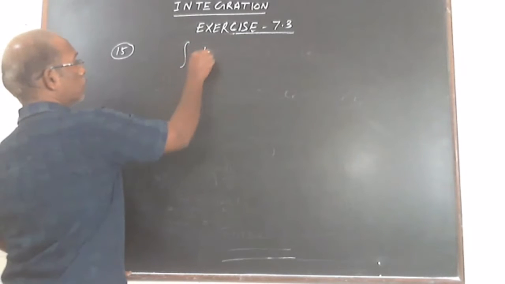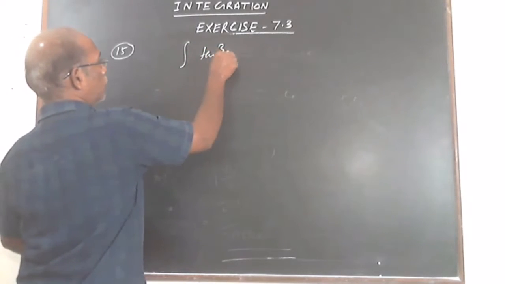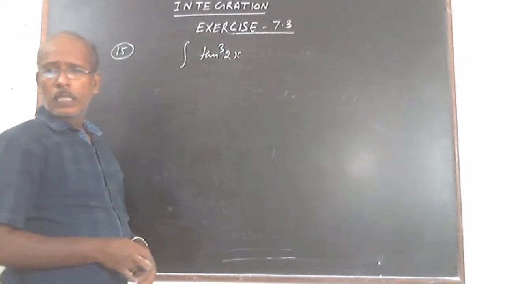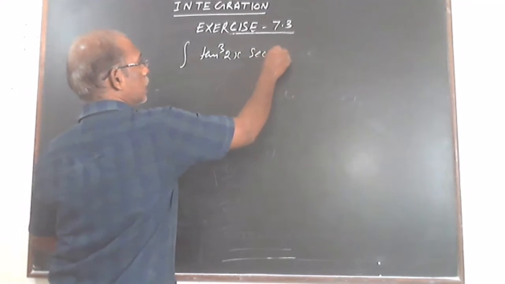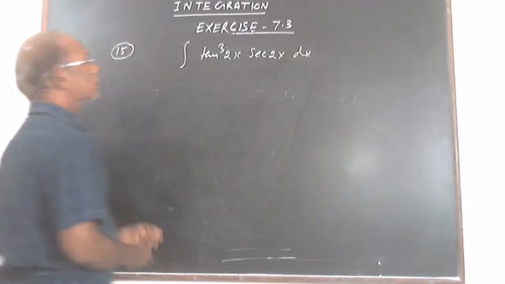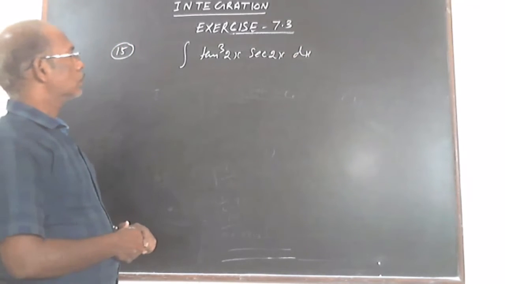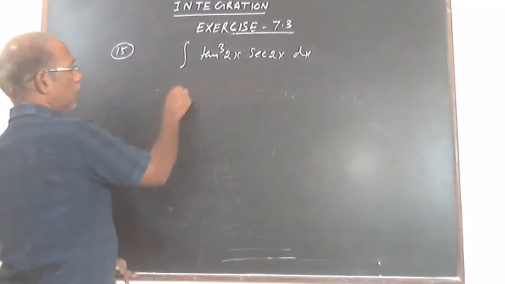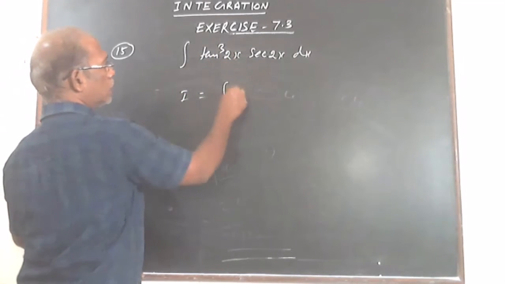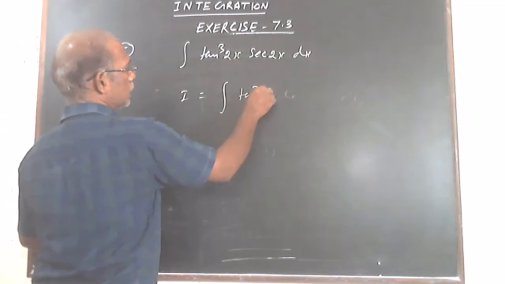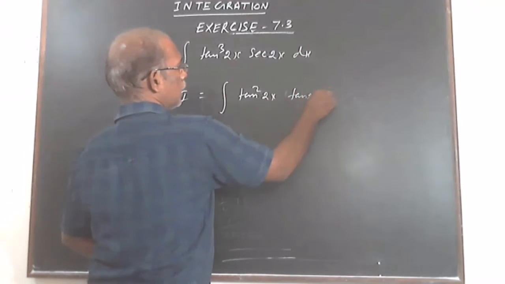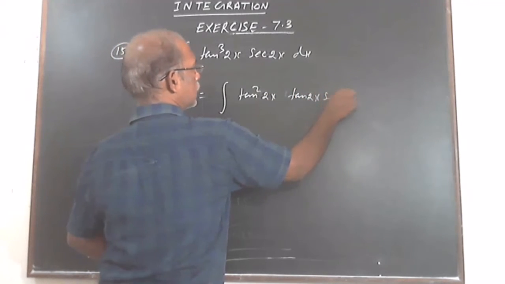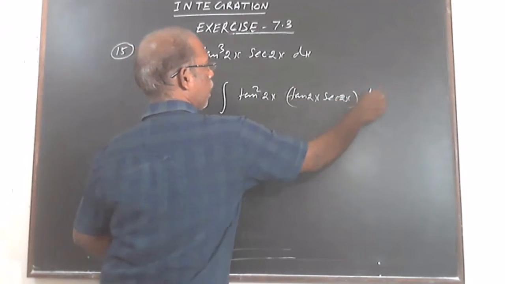Now this can be written as tan square 2x and tan 2x secant 2x as one group.